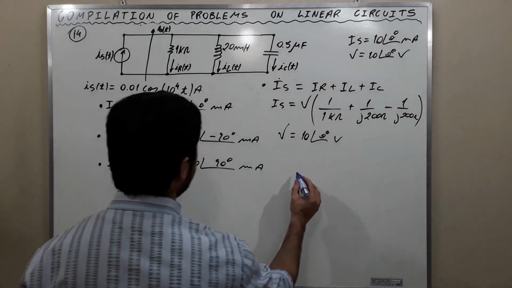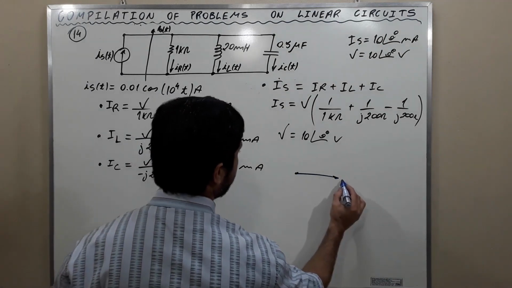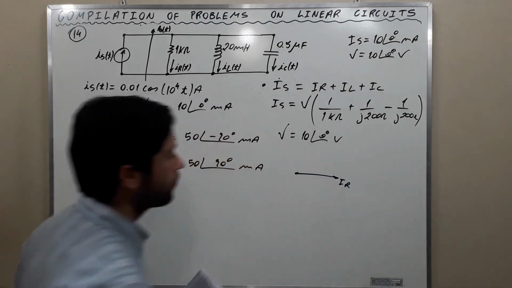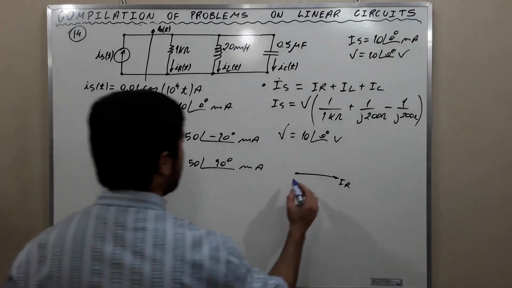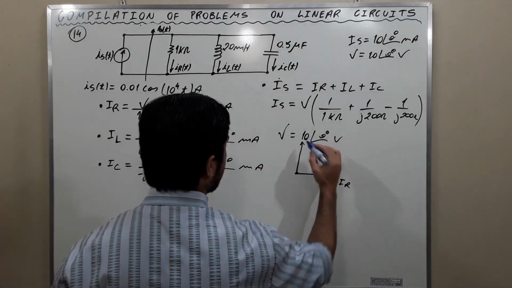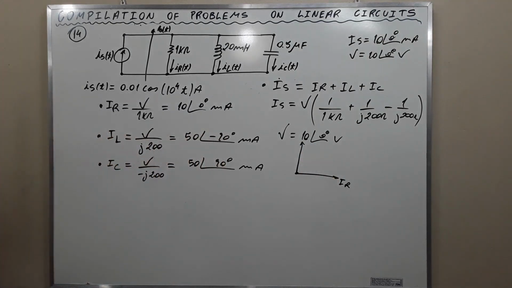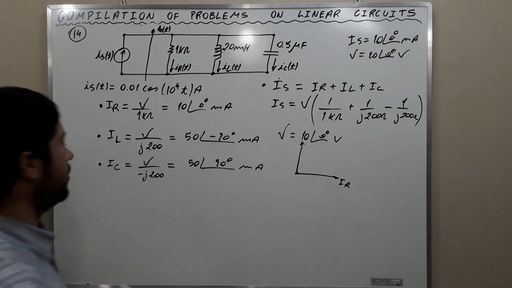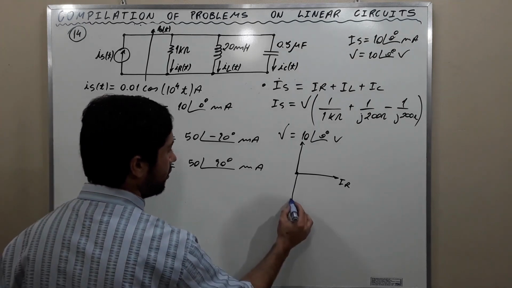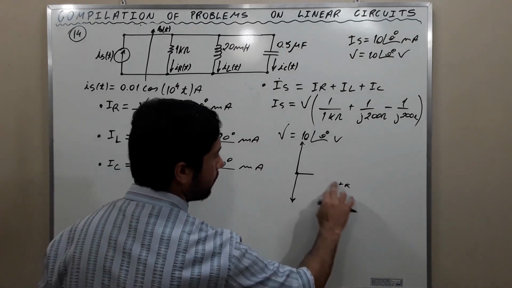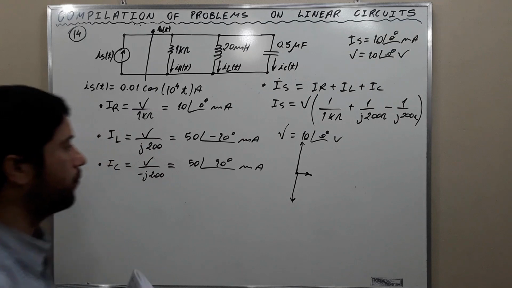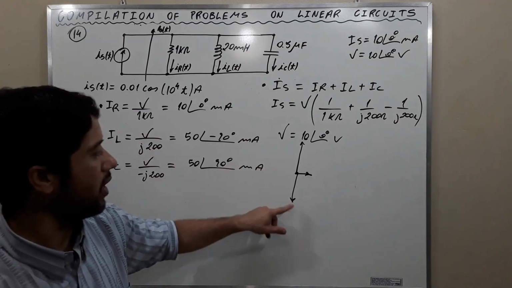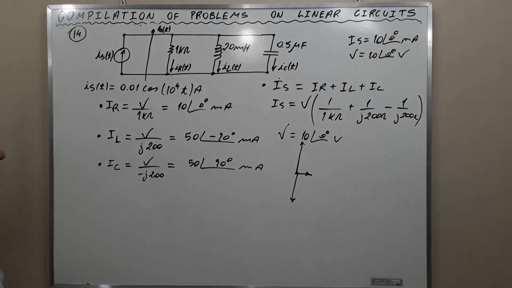You see that the current through the resistor is this, the current through the inductor is this, and the current through the capacitor is this, but much larger. They balance each other out and they cancel each other out.